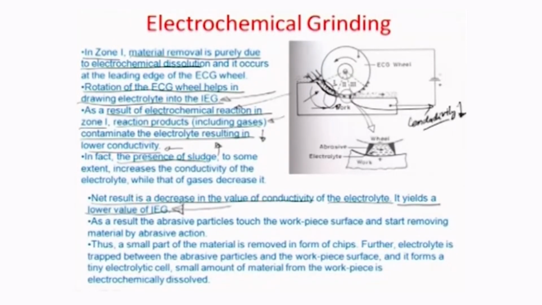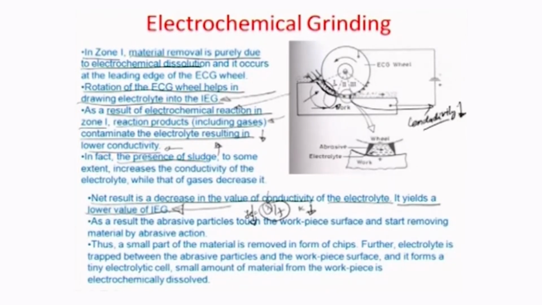As you may recall from your previous analysis on ECM, the equilibrium gap is determined by lambda by f, and lambda is dependent on the conductivity. So if conductivity is low, the equilibrium gap also automatically falls. So the IEG decreases because of a decrease in conductivity.